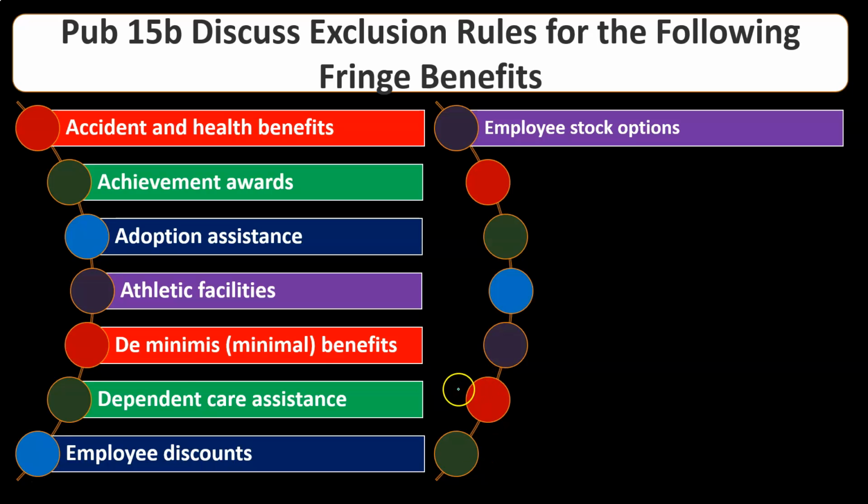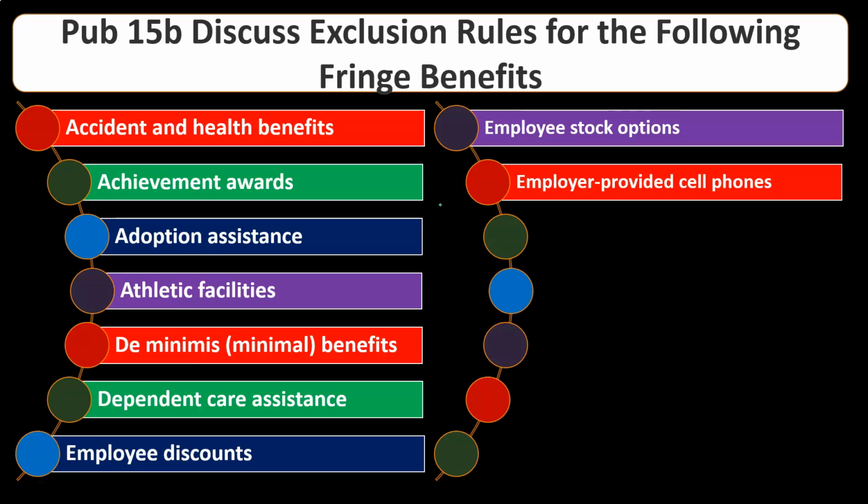So notice again, if the employer can provide some of these items as a fringe benefit, so that they give the employee something of value, like an employee discount or dependent care assistance, then that would be beneficial to both sides of the equation because of the reduction or the removal of the tax that's going to be involved in it.